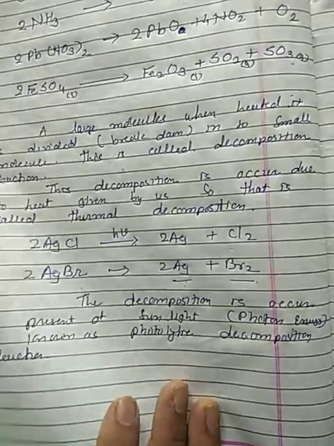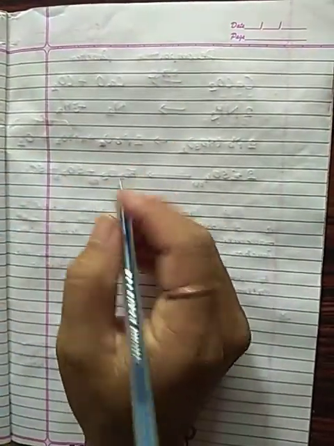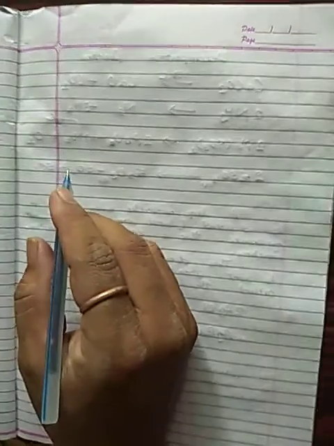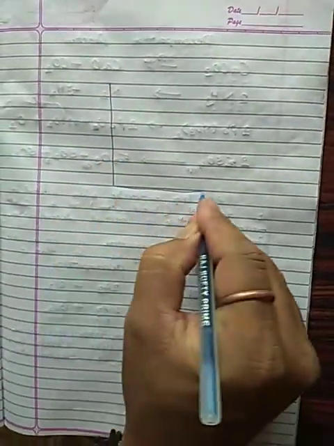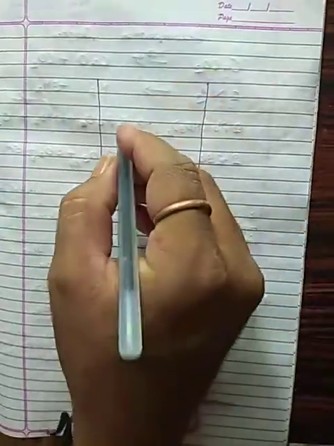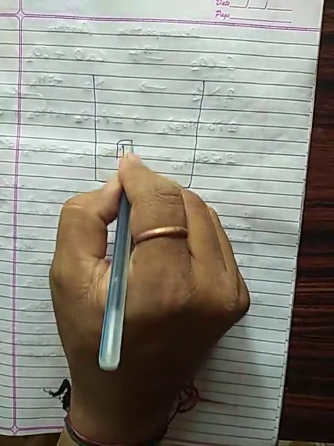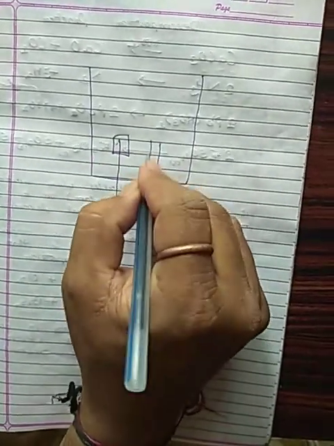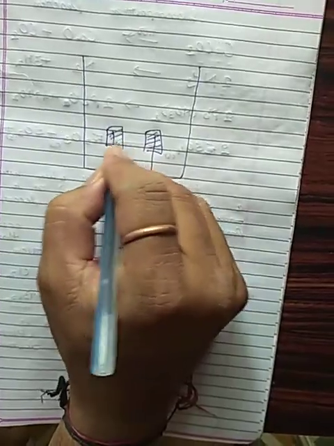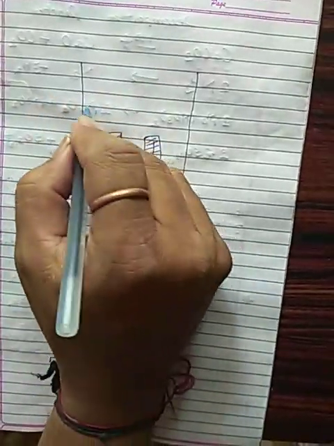Then we are going to learn our third type of decomposition reaction, in which electricity is required. When we pass electricity, the substance is separated. Here one of the activities was given to you: in a flask we have two electrodes made of graphite, and it is filled with water.